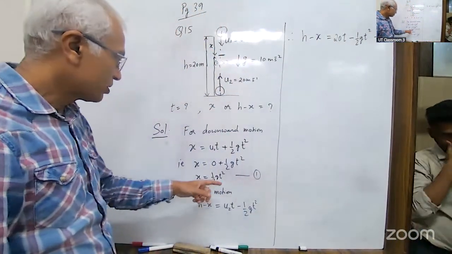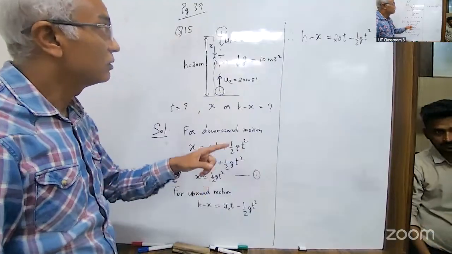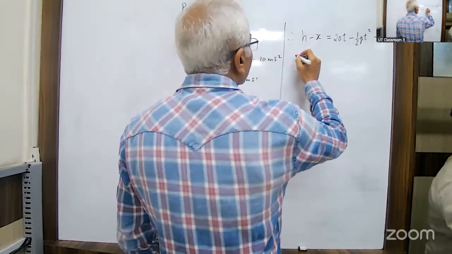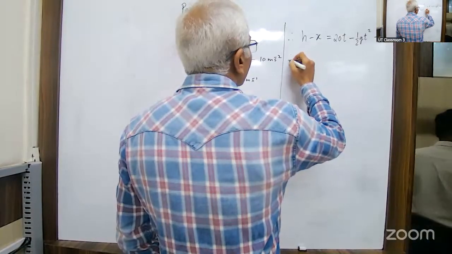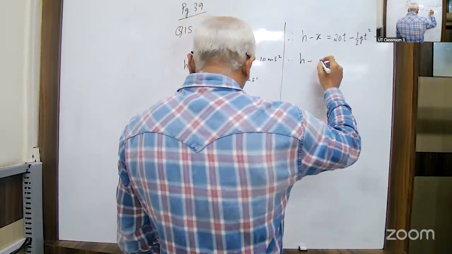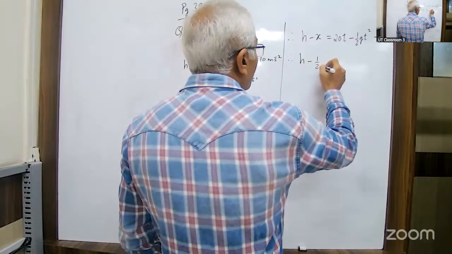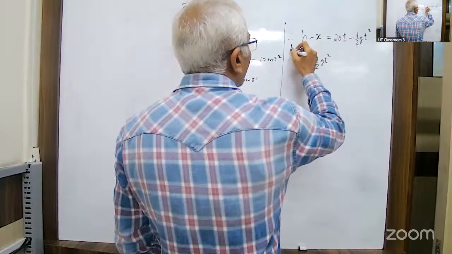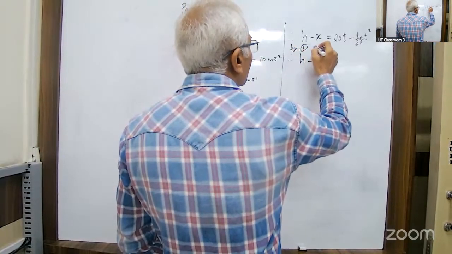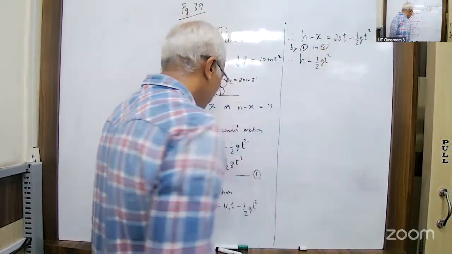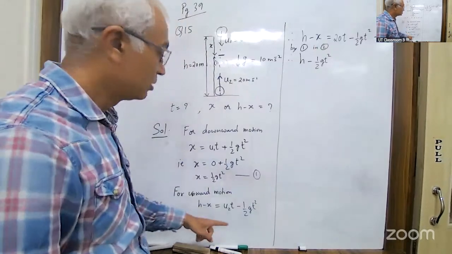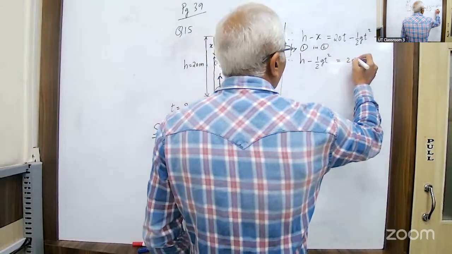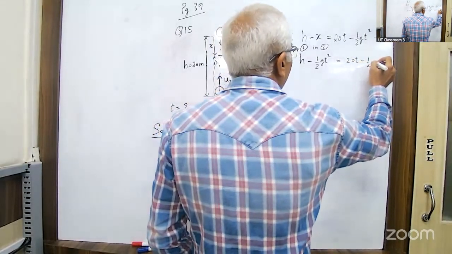Now we'll substitute the value of x from equation 1 into equation 2. So we get h minus half gt square equal to 20t minus half gt square.